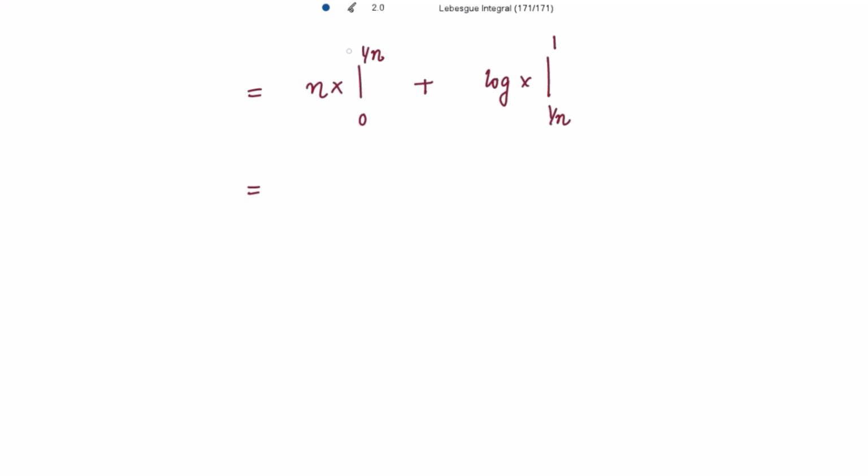So this is equal to, when putting the upper limit, we get n into 1 by n, minus when putting the lower limit, we get 0, plus when putting the upper limit, we have log of 1, that is equal to 0, minus when putting the lower limit, we get log of 1 divided by n.